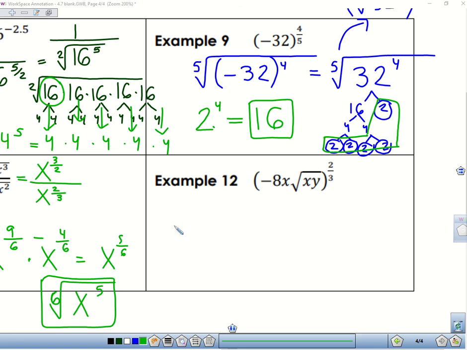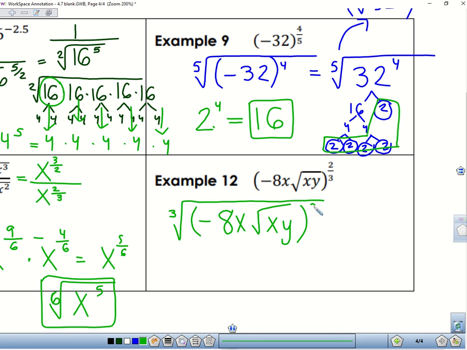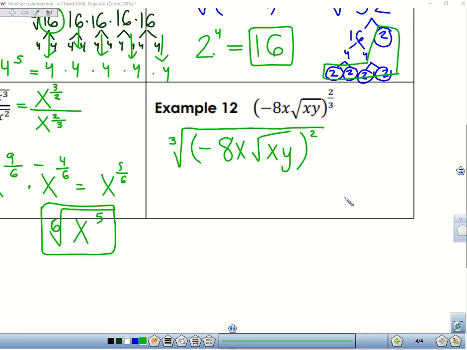Alright, so this one you're going to have to convert to a radical in order to simplify it. So the 3 goes on the outside as your index, and this whole thing is to the second power on the inside here. So our goal is going to be to first put it to the second power. So what is -8 to the second power?